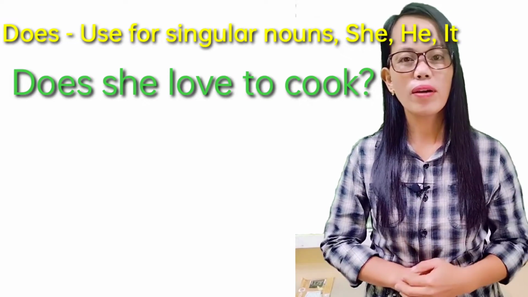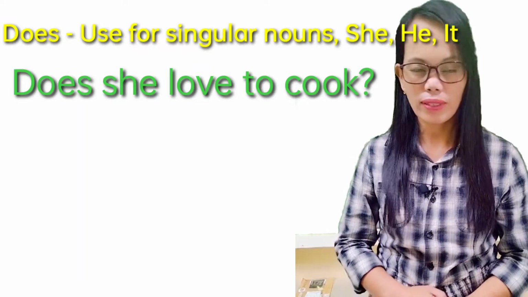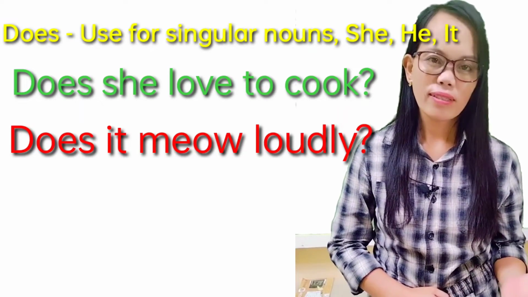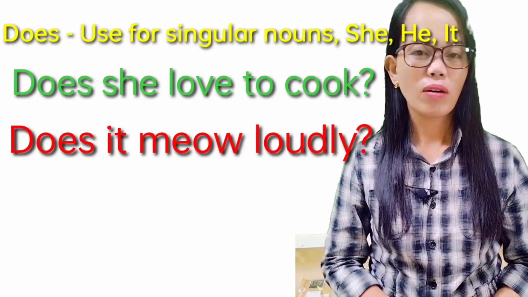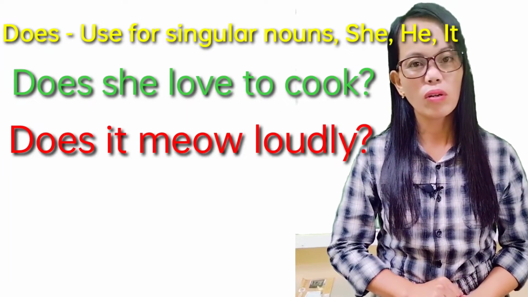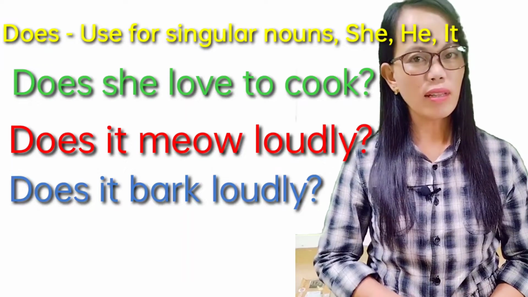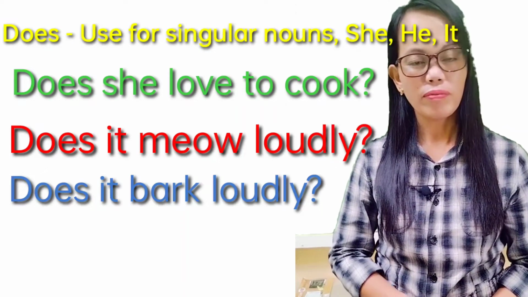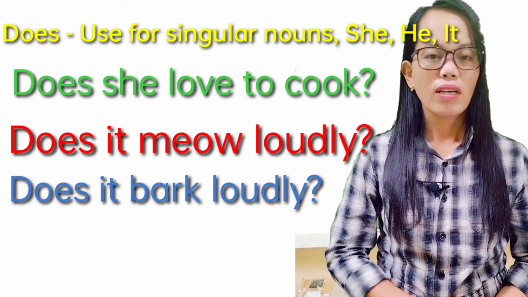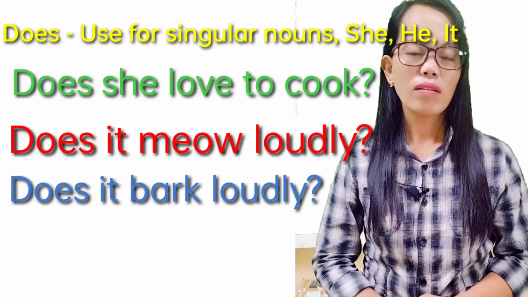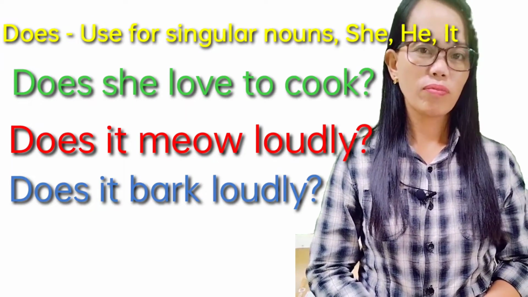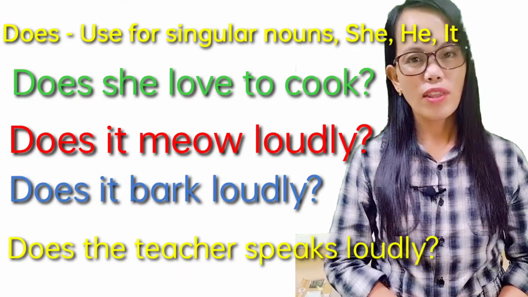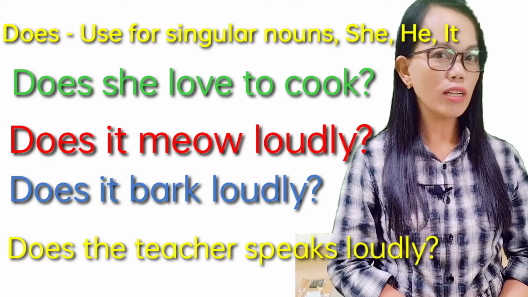Or if we are referring to a cat, we say, does it meow loudly? Or if we are referring to a dog, we say, does it bark loudly? And if we are going to use a noun, we say, does the teacher speak loudly?